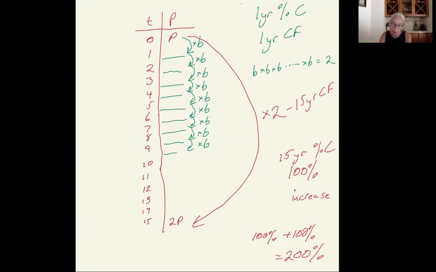All those little B's multiplied together would be the same thing as just multiplying by a single 2. So in other words, B to the 15th power is equal to 2. That's what this statement told me: that my 15-year change factor is 2 tells me that B to the 15th power is equal to 2. Now we have to do a little algebra to find out what B is.